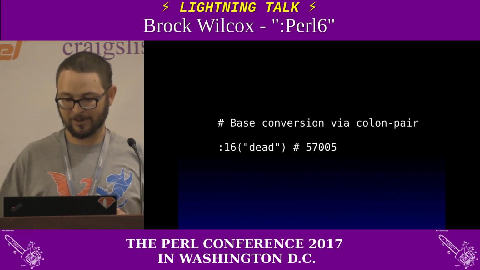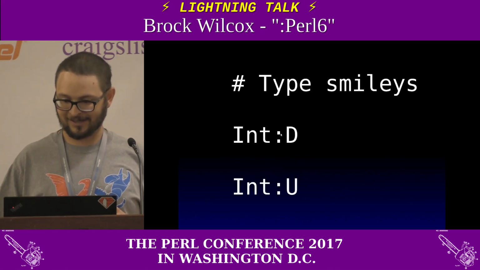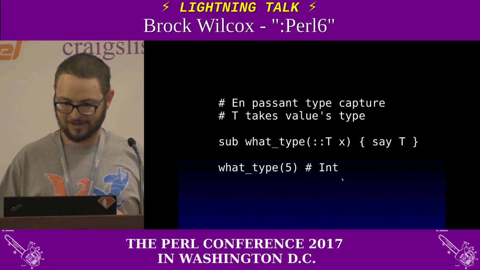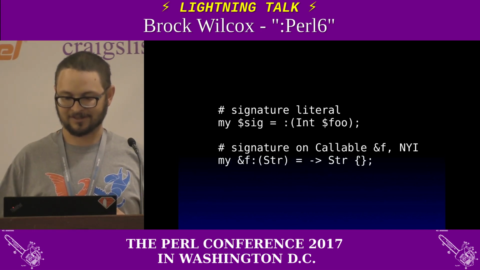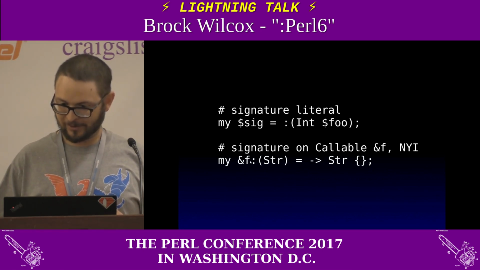You can do base conversion. You can do a weird bind thing. You can do smiley types. You can capture the type on a variable. You can use it as a signature literal. This doesn't actually work apparently, but the docs say that it will maybe someday.